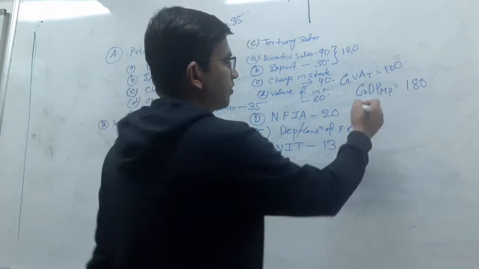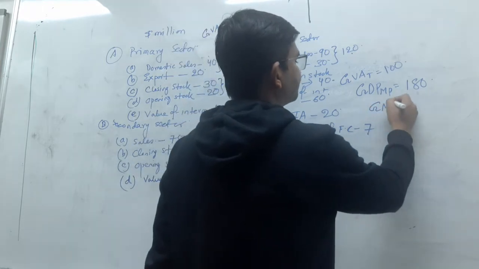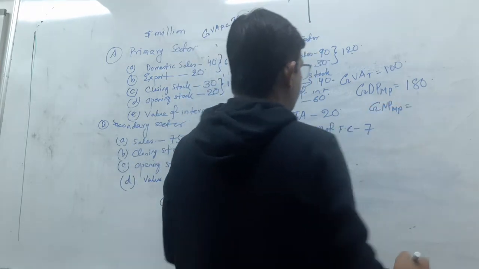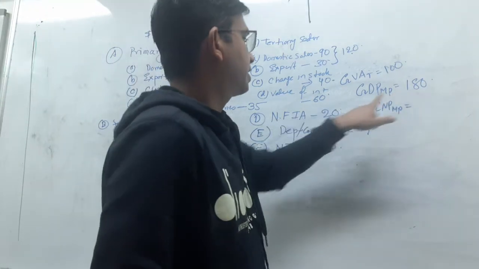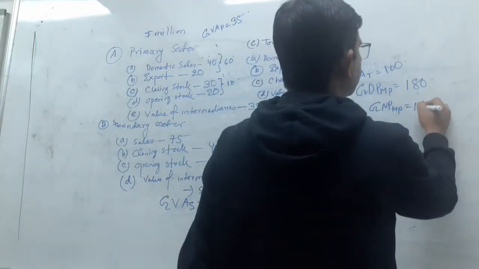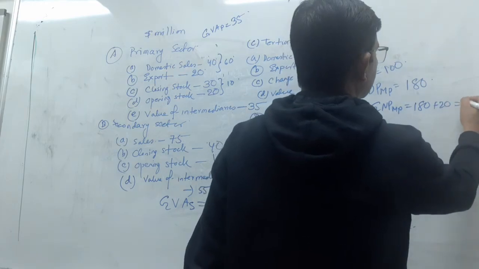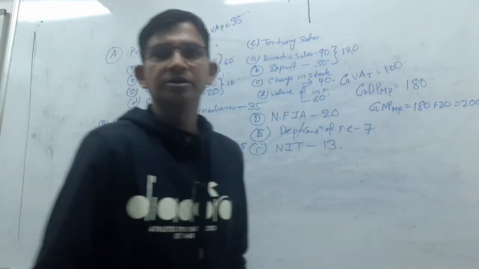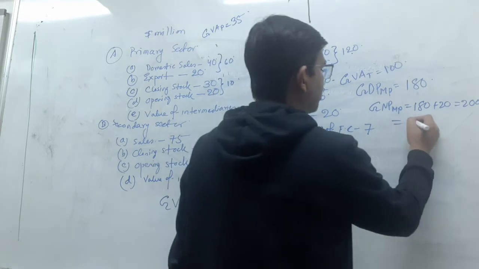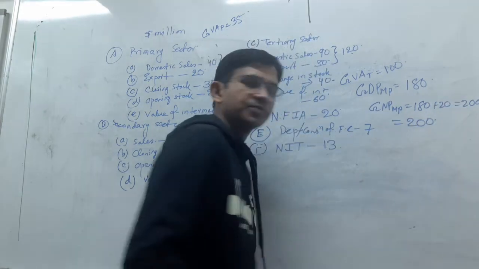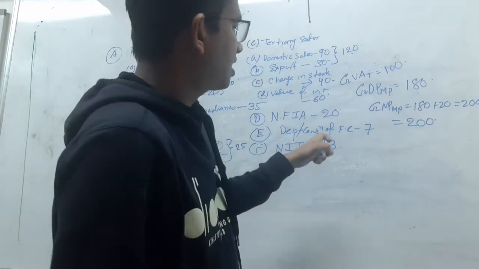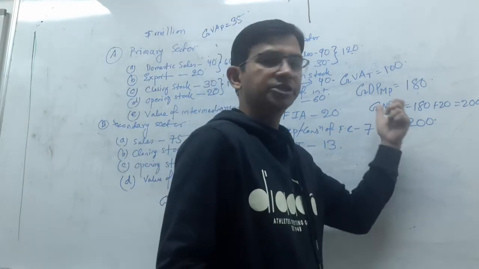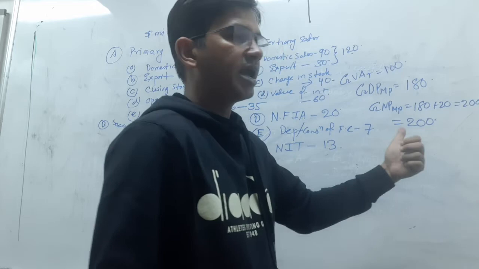Now we have to find out the GNPMP. GNPMP equals GDPMP plus NFIA. So 180 plus 20 equals 200. So the value of GNPMP equals 200. At the next step, we have to subtract the depreciation from the GNPMP to get the NNPMP.